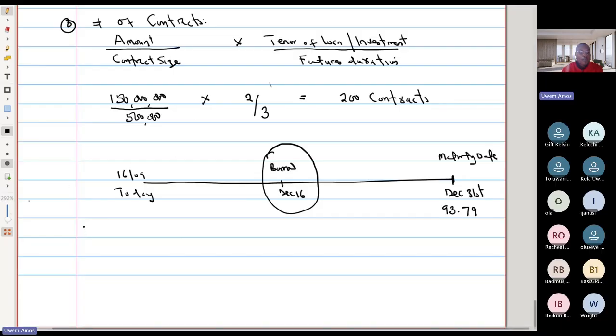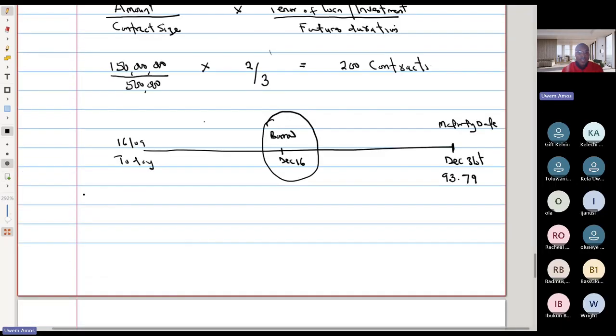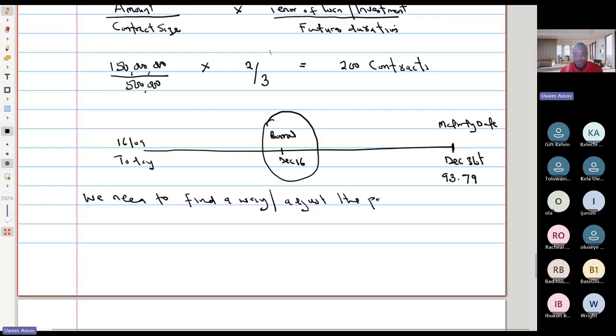That is where the concept of basis and remaining basis will be applied.